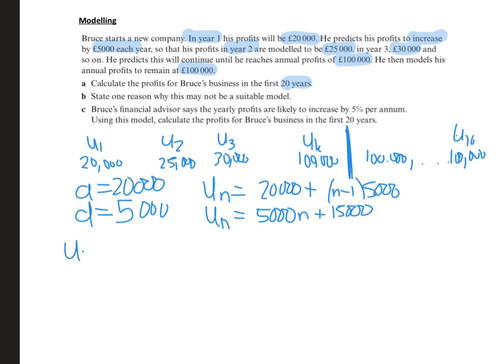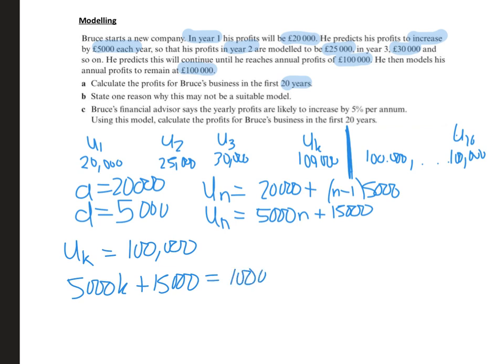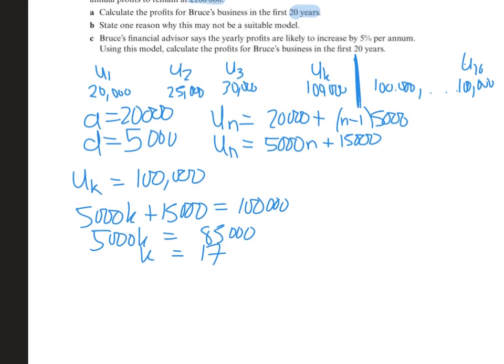I call it K. So UK is 100,000, so 5,000K plus 15,000 is equal to 100,000. Take away 15,000 from both sides to get 85,000 and divide both sides by 5,000, which gives us 17. So it takes Bruce 17 years to get to 100,000.